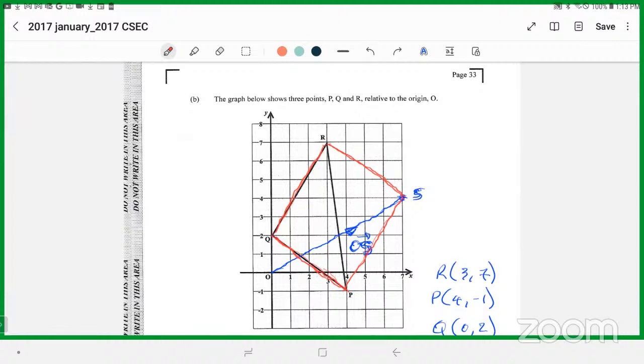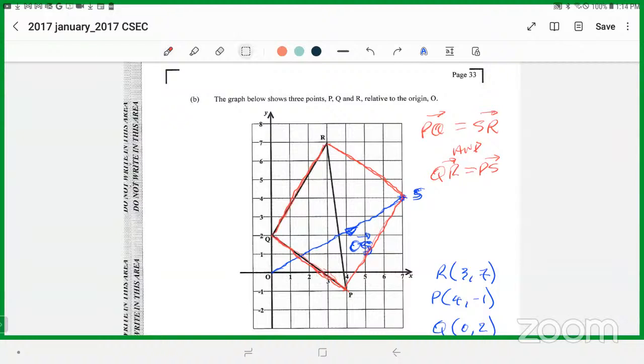The vector PQ this way will be the same as SR. And also the vector QR up this way will be equal to the vector PS up that way. QR will be equal to PS. So you just show these 2 things to show that it's a parallelogram.